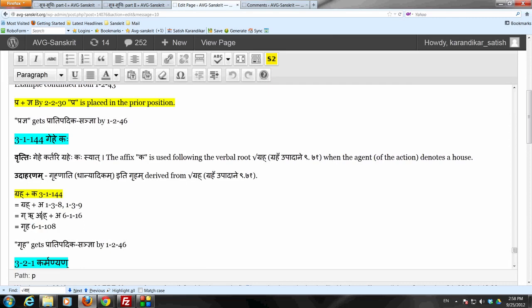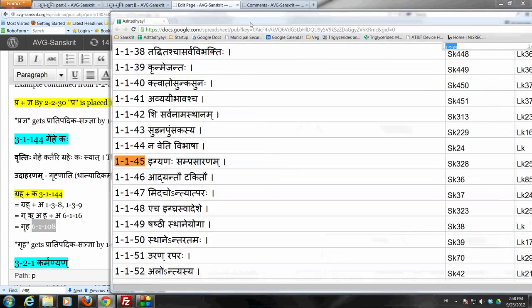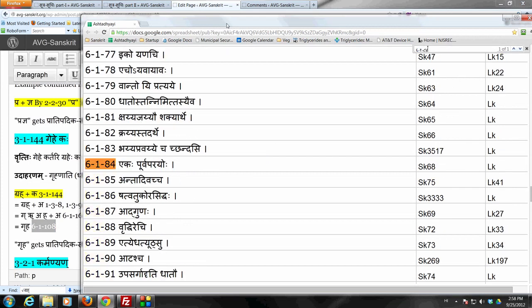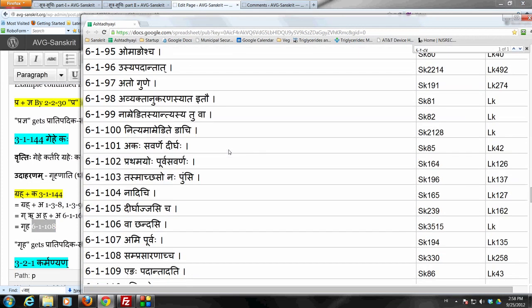Samprasaranacha, puraparayoho ekadeshaha is the purva rupam. This sutram samprasaranacha comes right after amipurvaha. It is under the adhikara of ekaf pura parayoho, which starts from 6.1.84. We have used this sutram amipurvaha many times, and right below that is samprasaranacha.